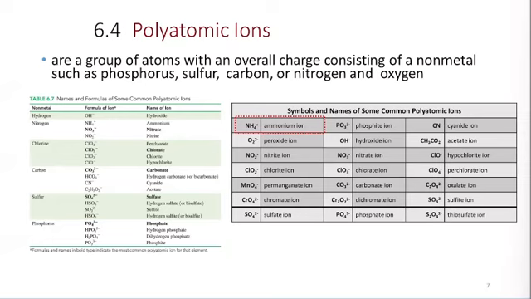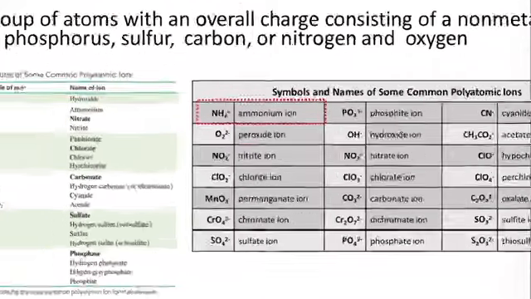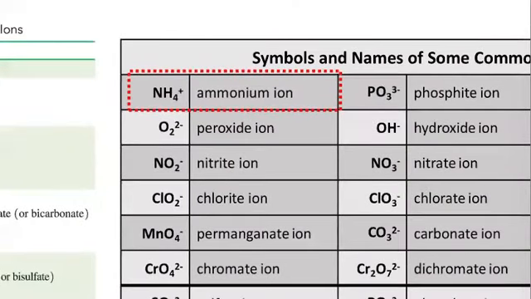When it comes to the polyatomic ions, understand that there's only one polyatomic ion that is positively charged, and that's ammonium. You can see here, ammonium, NH4+. The rest of the polyatomic ions are going to be negatively charged, and they can have charges of -1, -2, -3.